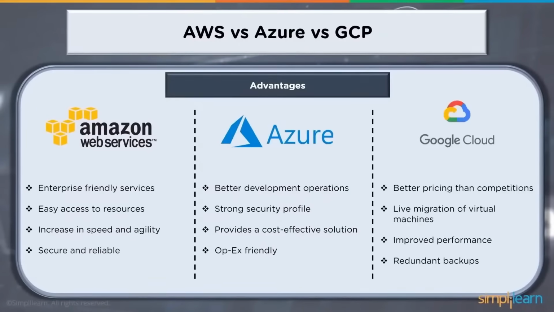When we talk about Google Cloud, one of the key features here is better pricing than competitors, live migration of virtual machines, which really interests a lot of organizations that would want to modernize their infrastructure without having any kind of disruption in their existing services, improved performance, redundant backups, and so on.